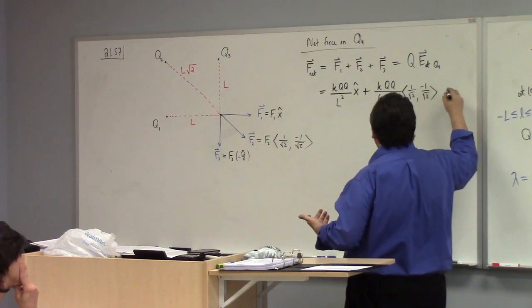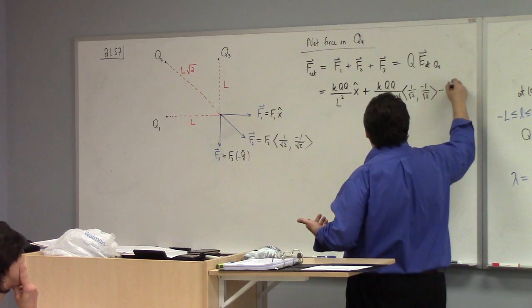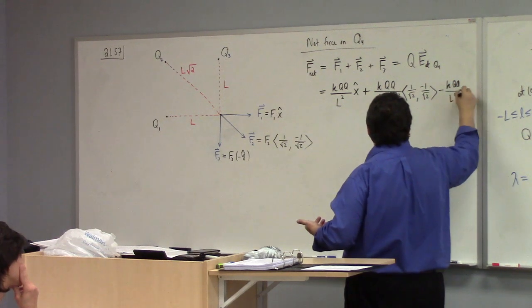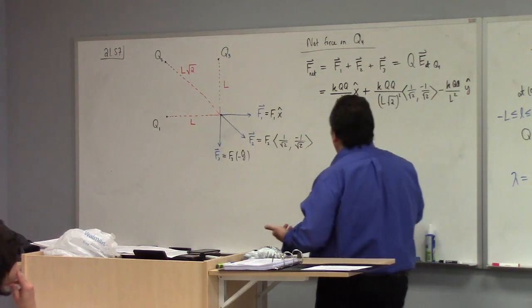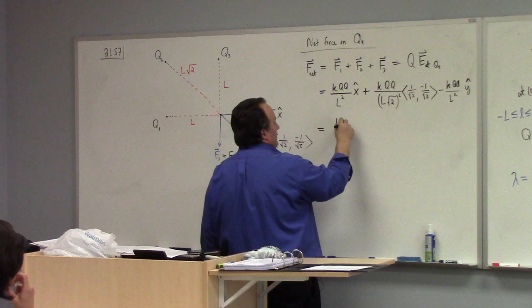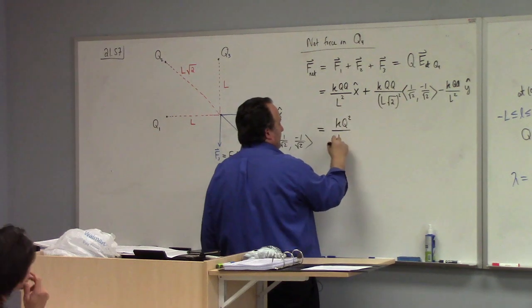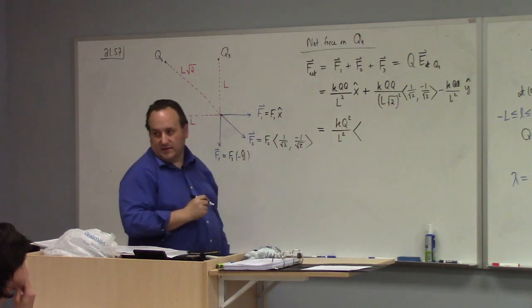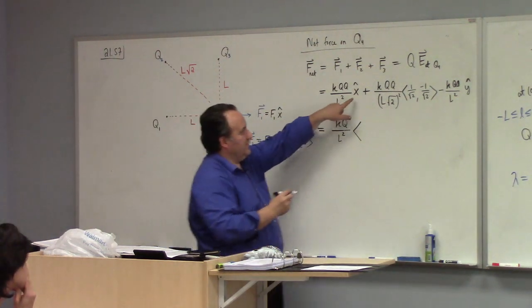And then F3 is minus KQQ over L squared y hat. I put the minus up front. Let me put this stuff all together. Let me factor out KQ squared over L squared everywhere. If you look at this, we get a 1 from here.